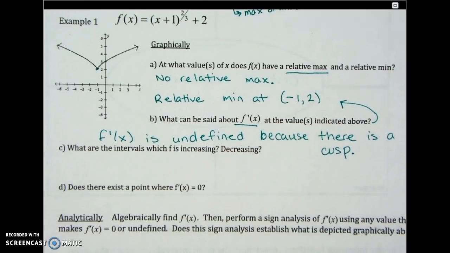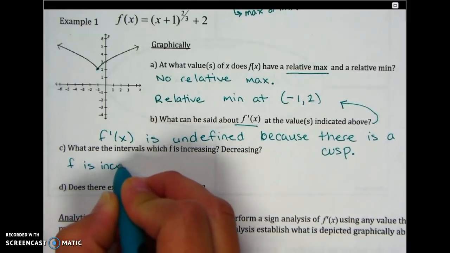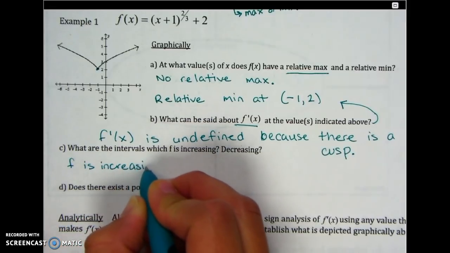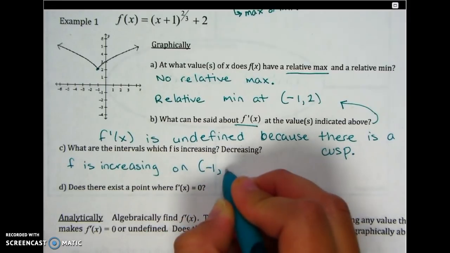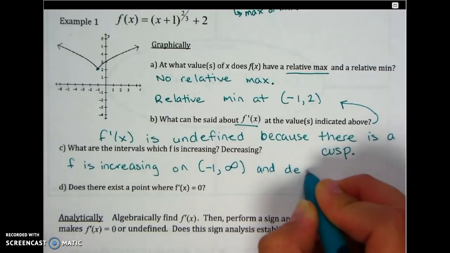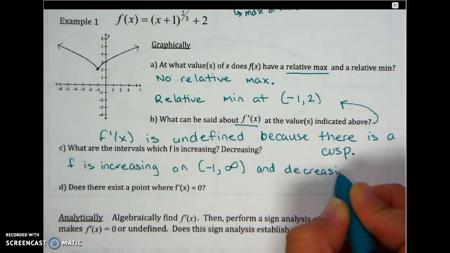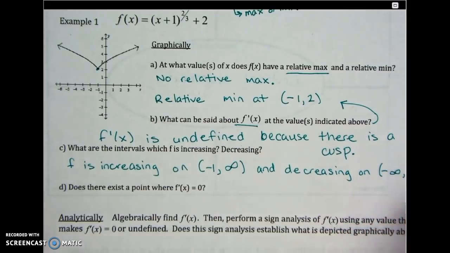Okay. Do we still have intervals of increasing and decreasing? Yeah. So let's write those down. So f is increasing. Where's the slope positive? -1 to infinity. Yep. And decreasing from -infinity to -1.